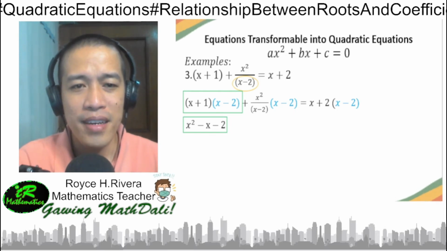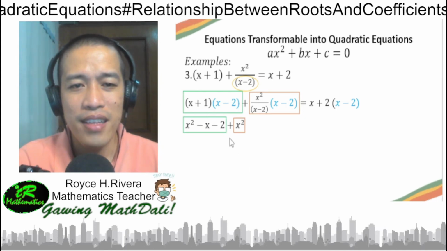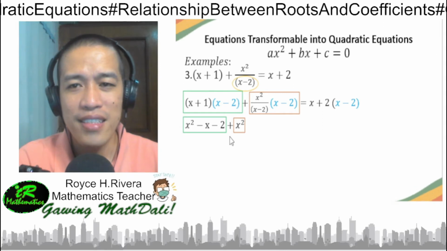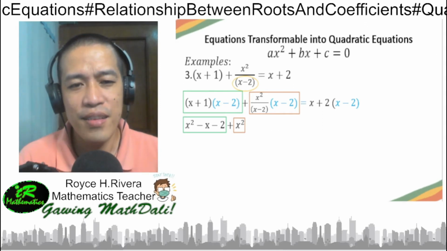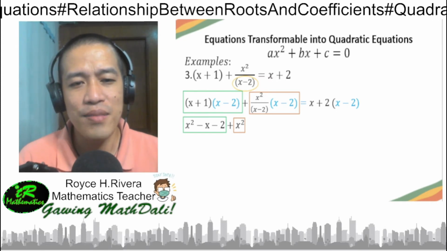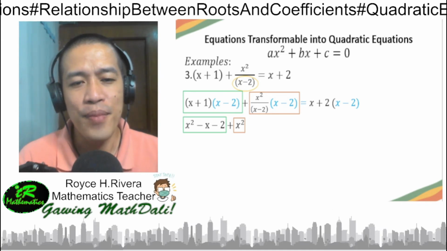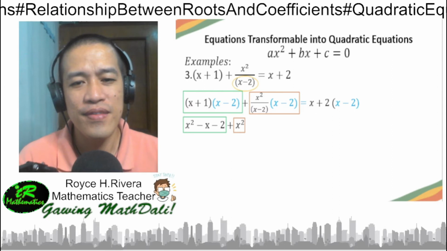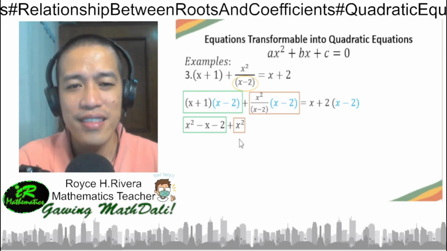The second part, we copy the plus sign and get the product of x squared over x minus 2 and the quantity x minus 2. So we have x squared.